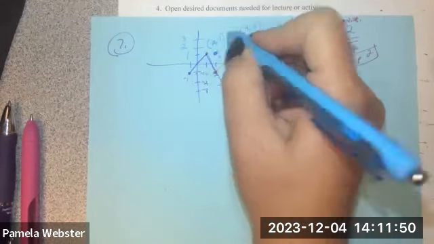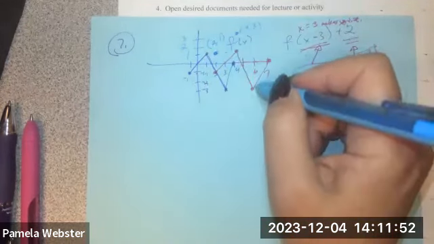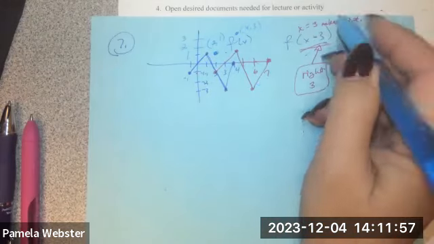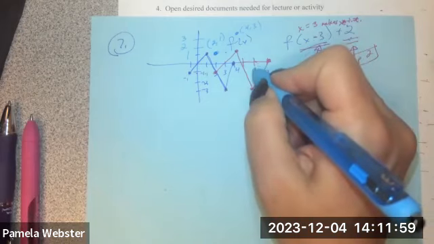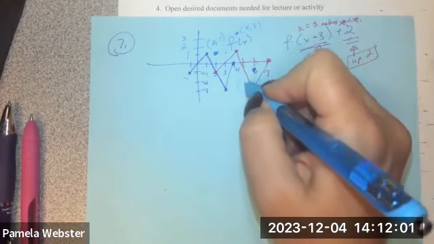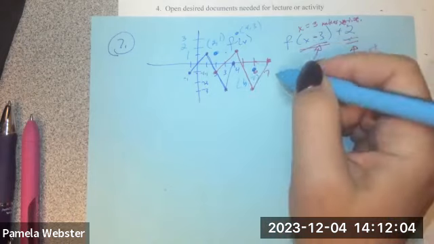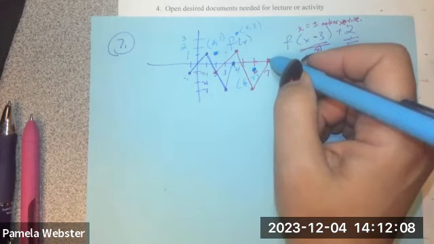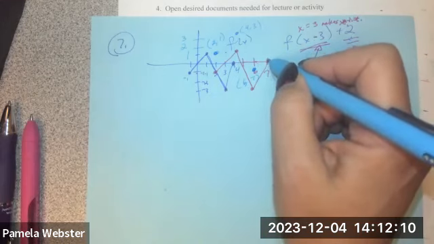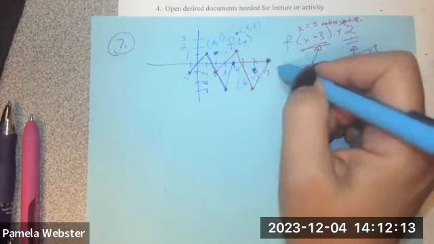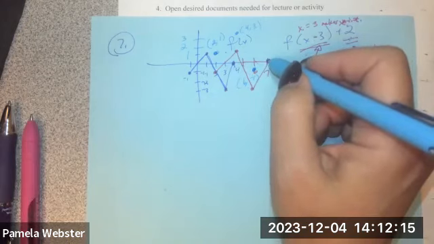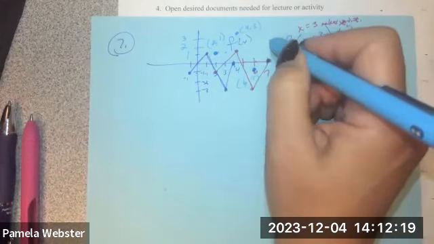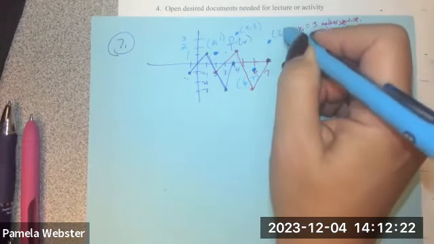This point right here was at (6, −3), but it's going to go up 2, so it's going to be at (6, −1). Remember, these individually change your x value or your y value, and you have to know which one's changing. Here, I'm just moving my y value up. The x value is already shifted left and right. It is currently (7, 0). I'm going to move it up 2, so it's going to become (7, 2).